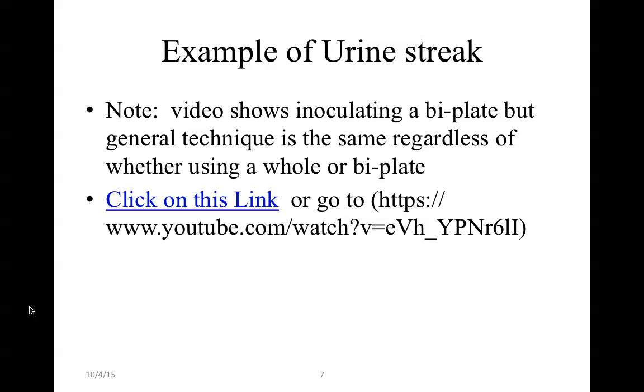There's a link that's also found, again, in the PowerPoint with the same information on the course online website, or you can go to that link as well for more information and more examples of urine streak techniques.